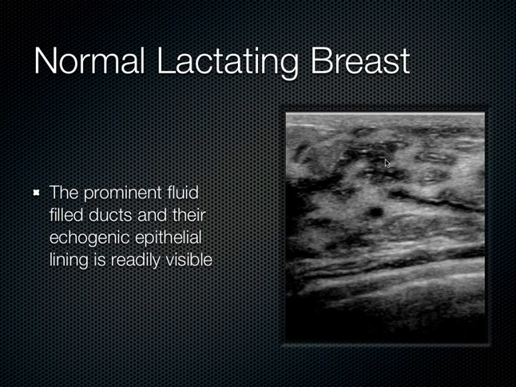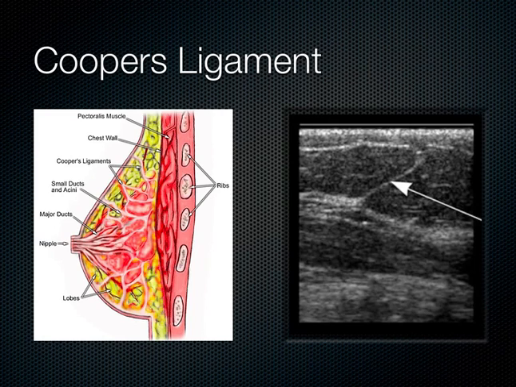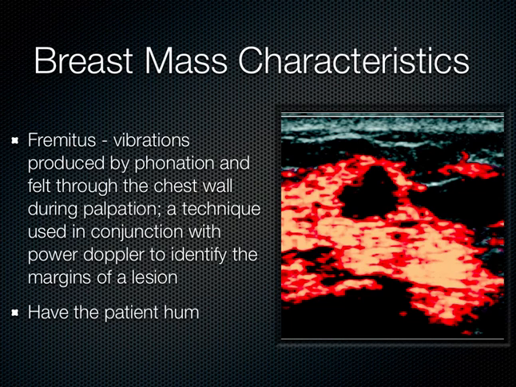And we can see those quite prominently throughout this lactating breast. And one of the other things you can see quite easily are the suspensory ligaments known as Cooper's ligaments. They look like hyperechoic lines. When you get them on the right angle here, you can see that very obvious looking hyperechoic line, which is Cooper's ligament. We see those throughout the breast tissue quite commonly.